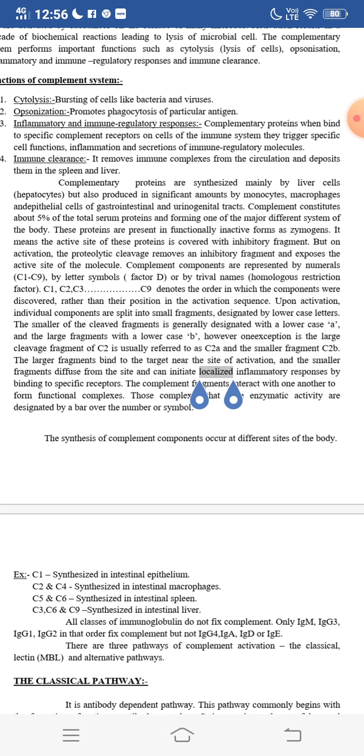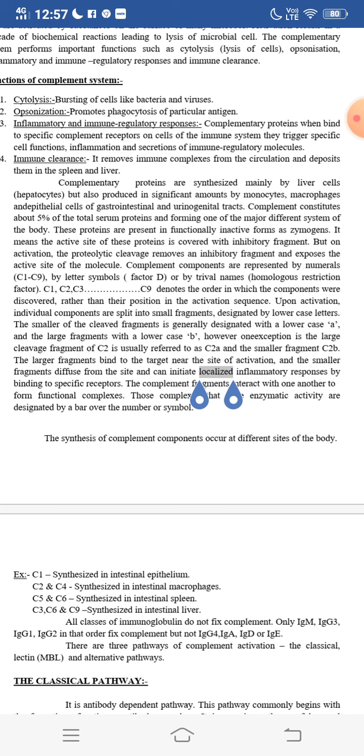Upon activation, these individual components are split into fragments. So upon activation, the complement set ranging from C1 to C9 individually gets broken down into small fragments, which are designated by lowercase letters.